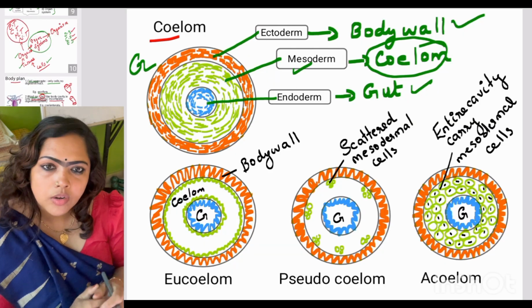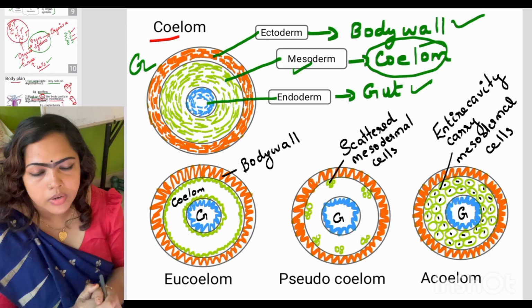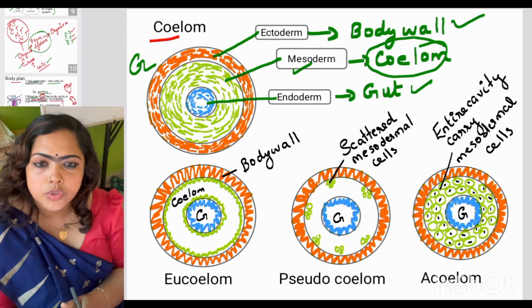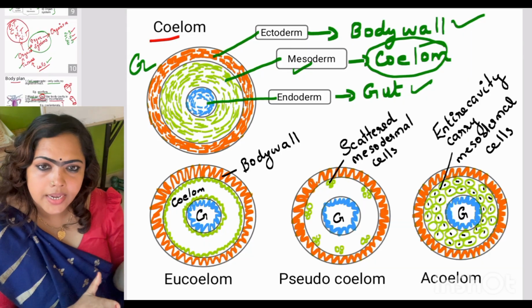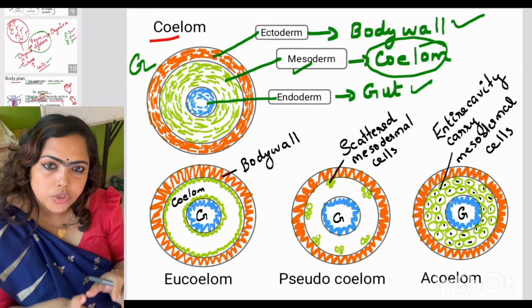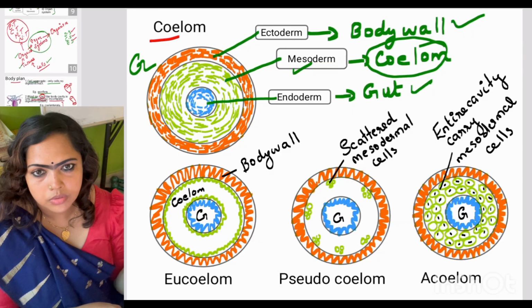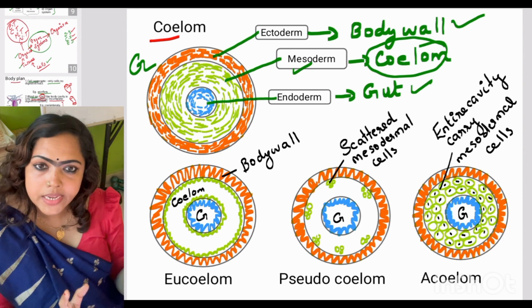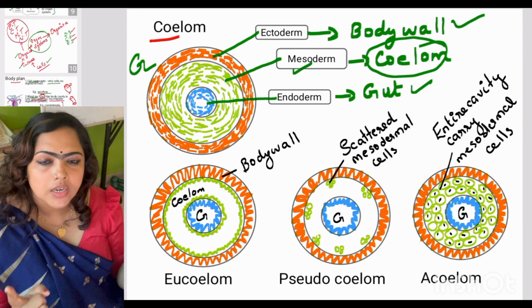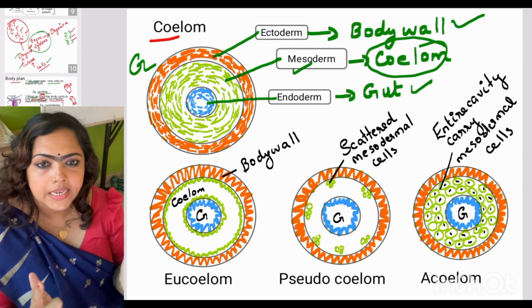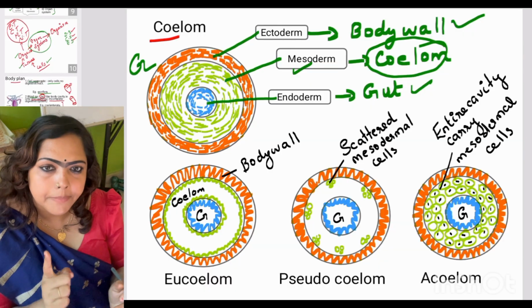Mesoderm. And on the basis of this type of coelom, organisms can be classified into three: eucoelomate, pseudocoelomate and acoelomate. Eucoelomate means the organism possesses the coelom that we discussed now. That means the body cavity is present, which is completely lined by which germ layer? Mesoderm.